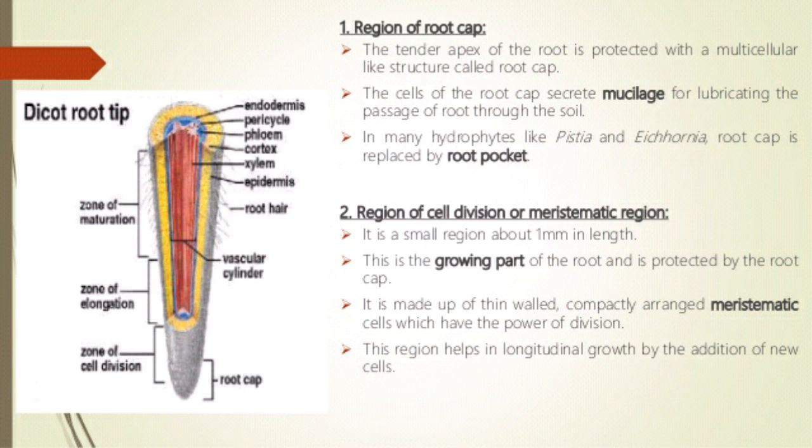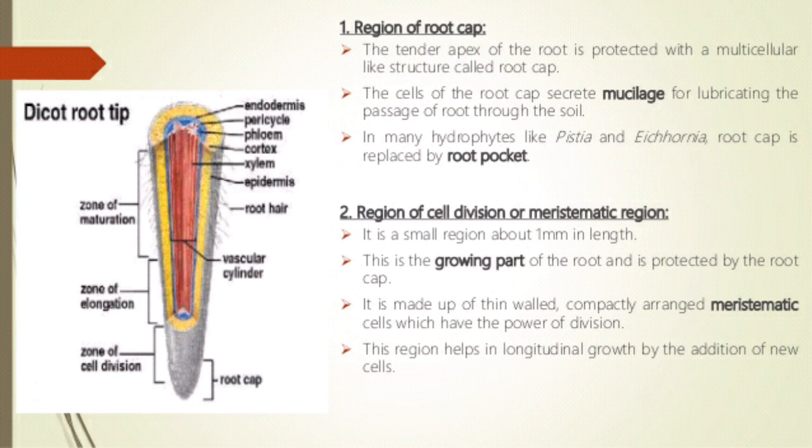The tender apex of the root is protected with a multicellular thimble-like structure called root cap. The cells of the root cap secrete mucilage for lubricating the passage of the root through the soil. In many hydrophytes like Pistia, Eichhornia, the root cap is replaced by root pocket.